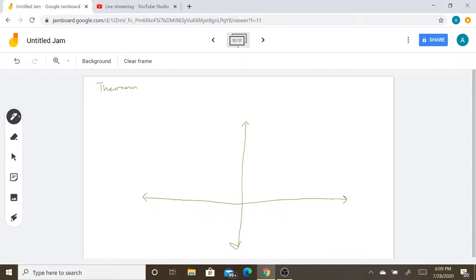Before we move on to parallel lines, there's just one theorem I want to go over about altitudes of triangles. So the theorem is that altitudes of a triangle are concurrent.